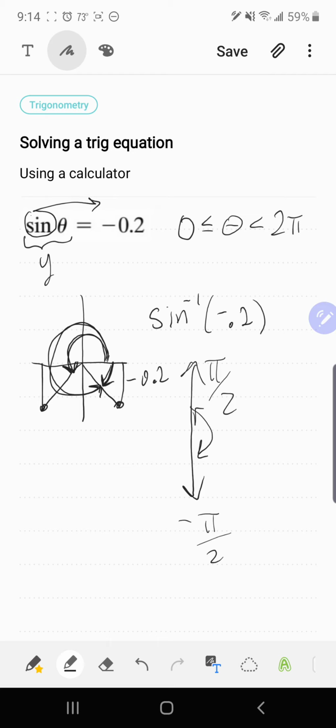Well, first of all, if this negative angle is negative 0.2, then the angle in this area also has to be 0.2. So we can see that this first angle is going to be 0.2 past pi.